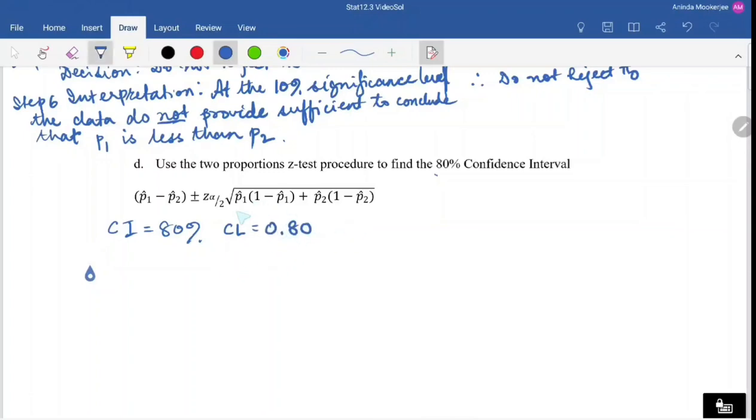Alpha is 1 minus CL, which is 1 minus 0.8. So alpha equals 1 minus 0.80, and that's going to be 0.20. And alpha by 2 is 0.20 divided by 2, which will give us 0.10.